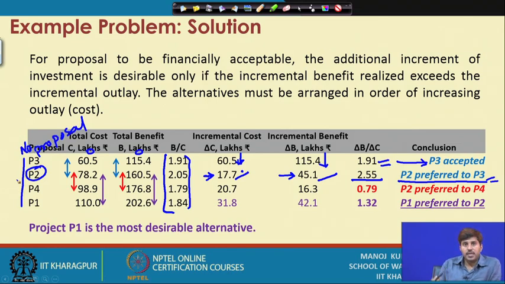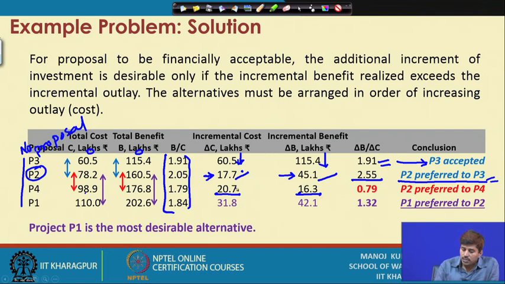We compare the next low cost alternative, P4, with P2, and we see that here we need a further investment of 20.7 lakh rupees, and we are getting a further benefit of 16.3 lakh rupees as compared to option P2.